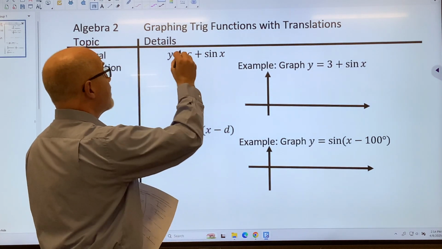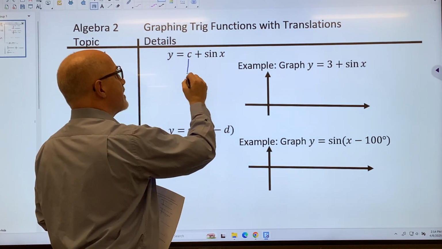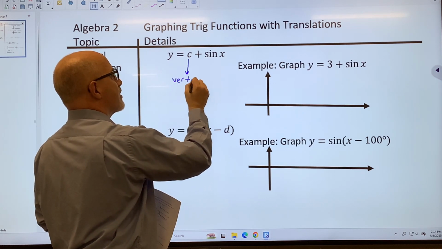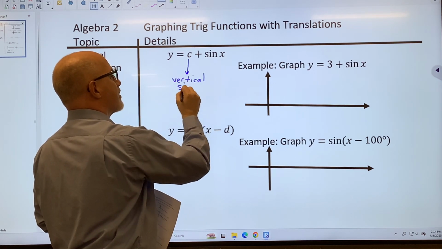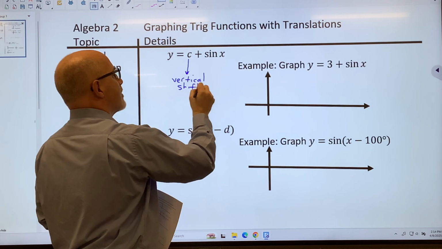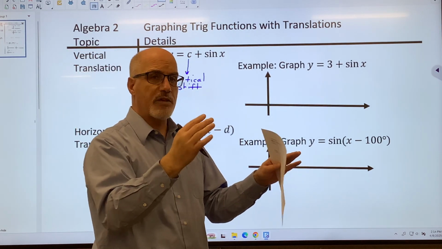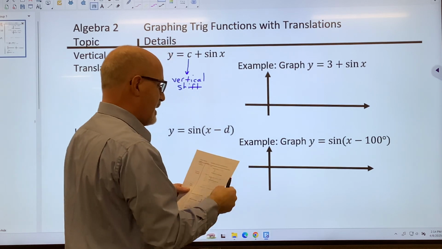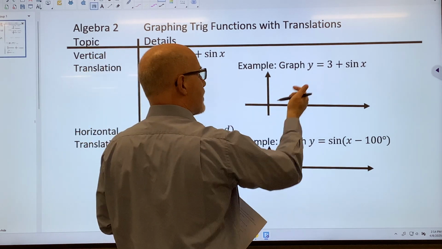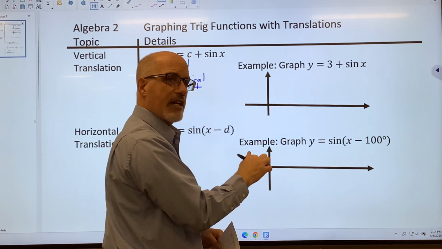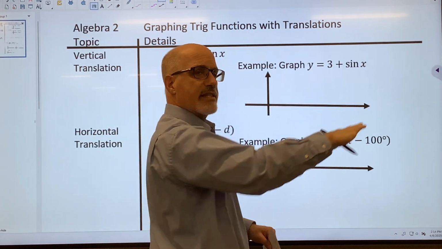So if we have a number out here, this is a vertical shift. Sometimes we'll call it translations, sometimes we'll call it shift. It means the same thing. Now, as an example here, if we have a 3 here, remember sine usually goes up to 1 and down to -1, and its midline is the x-axis.